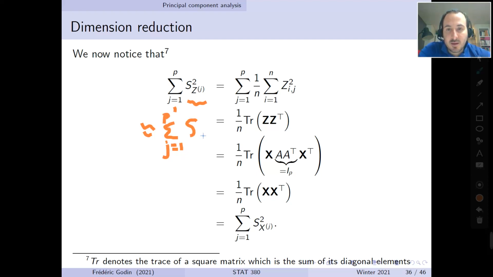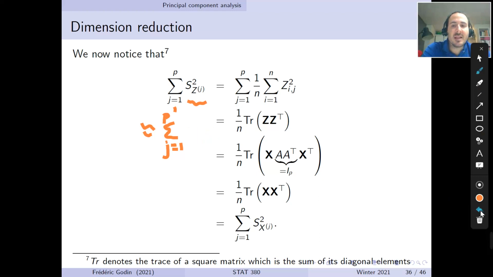Because of the way we've chosen the vectors, we can neglect coordinates with respect to the last vectors of the basis, and this allows us to get some dimension reduction by neglecting the last predictors z. We can only consider the first predictors within the new data set Z, and this would summarize very well the information provided in the entire original data set X. Let's make that a bit more precise in what follows.